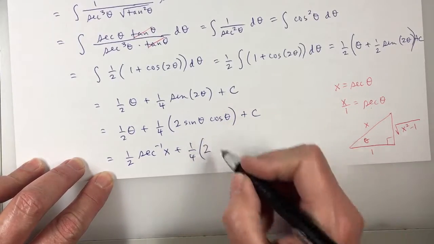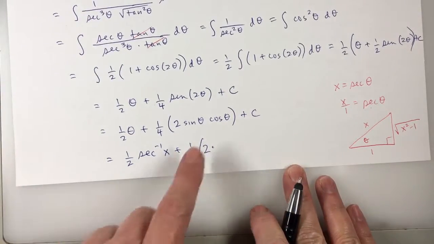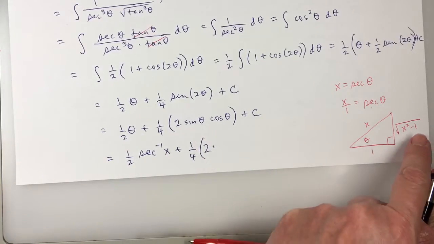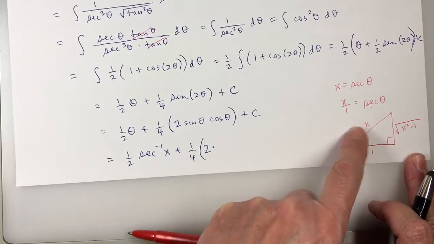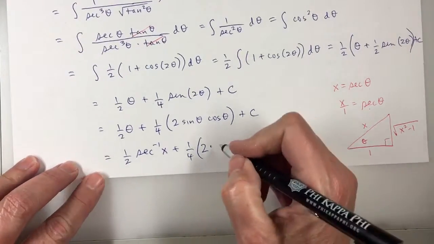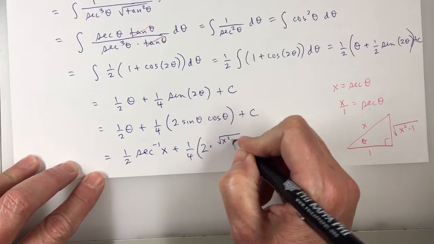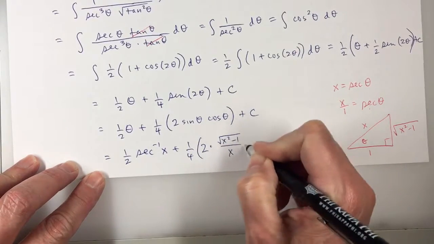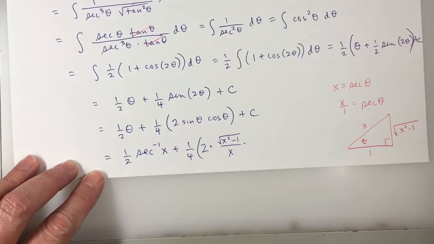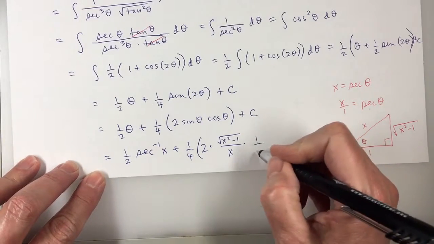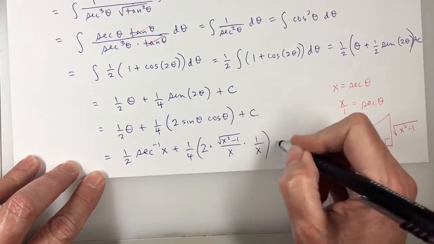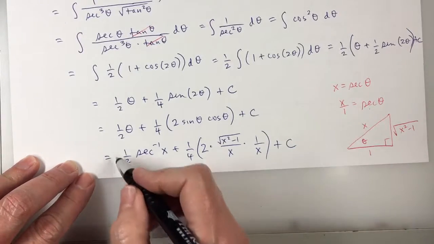I could have multiplied 1/4 times 2. Okay, sine is opposite over hypotenuse. So sine is the square root of x squared minus 1 over x. And cosine theta is adjacent over hypotenuse. And I'll put the plus c in.